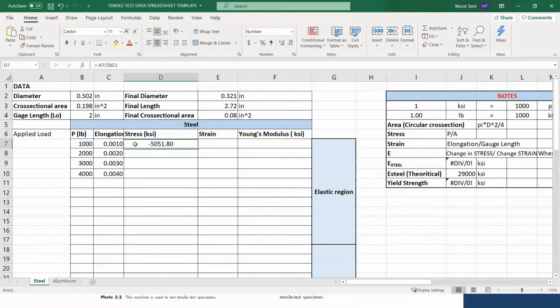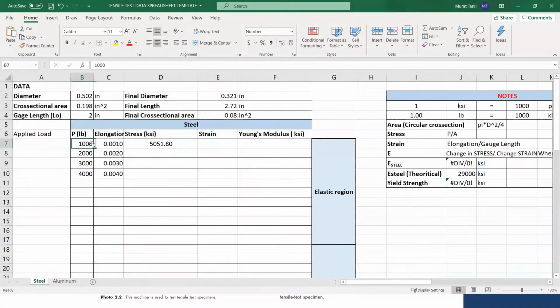Something is wrong because there is a minus sign in front of it. So now I know how much load is being applied, but this number is not quite right because it's 5,051.8 KSI. KSI is too big, it's too much stress. So I'm assuming there is some calculation error or unit error.